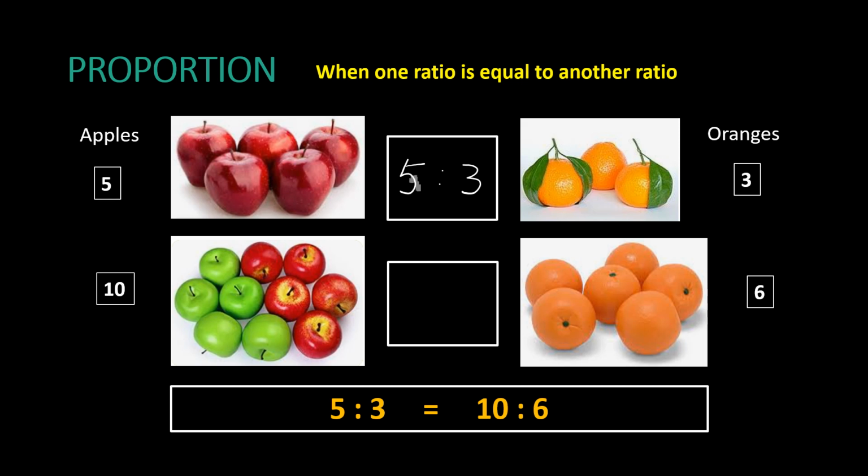Now, if we were to increase this to 10, which means we double, we also double oranges to 6. So if you look at this ratio, 5 to 3 equals 10 to 6.